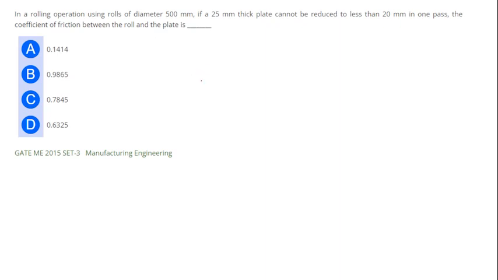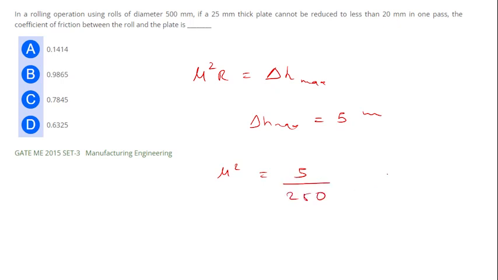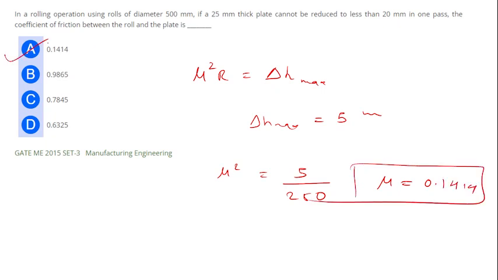You know the condition: mu squared times R equals delta h max. Your delta h max is 25 minus 20, that is 5. So mu squared times 250, since diameter is 500 and radius is 250, equals 5. So your mu will come 0.1414. Option A is correct.